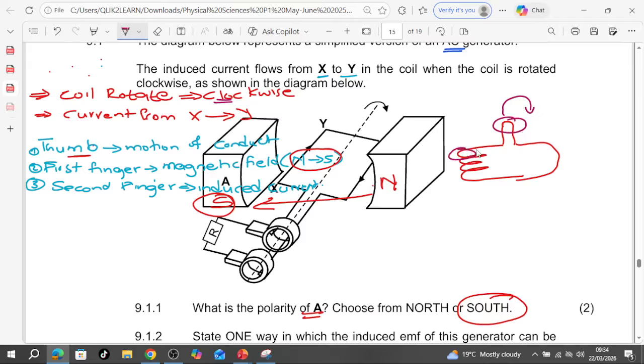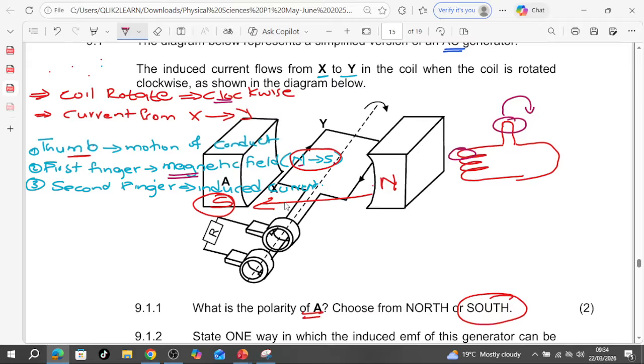The magnetic field, remember, is from north to south. Can you see where the thumb is pointing? It should be north to south, and we need to make the direction of the current go from X to Y.